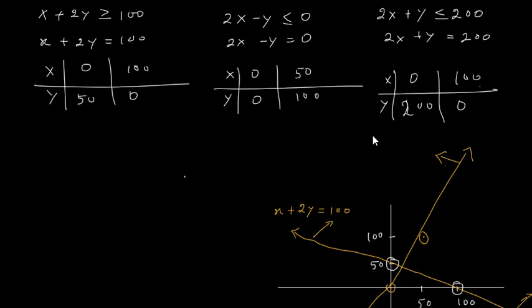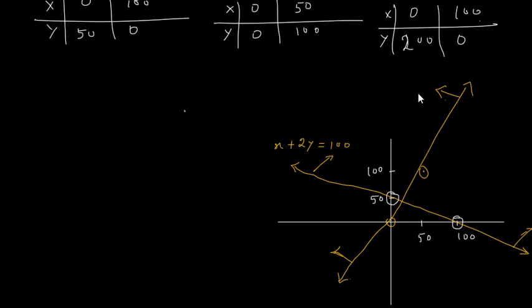My third equation is 2x plus y is equals to 200. So here 0 comma 200. I will take 200 here. Zero comma 200 is this point, and 100 comma 0 is this point.